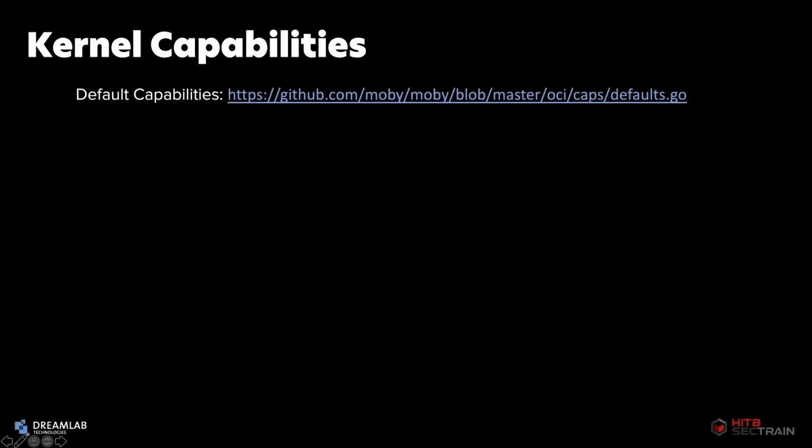Good. So let's talk about the kernel capabilities. This is very, very interesting as well. Docker drops most of the capabilities for the container processes. This means that by default, the root within a container has fewer privileges than the root of the host machine.